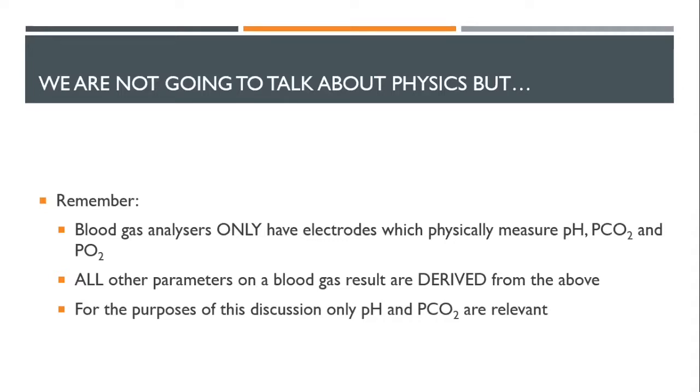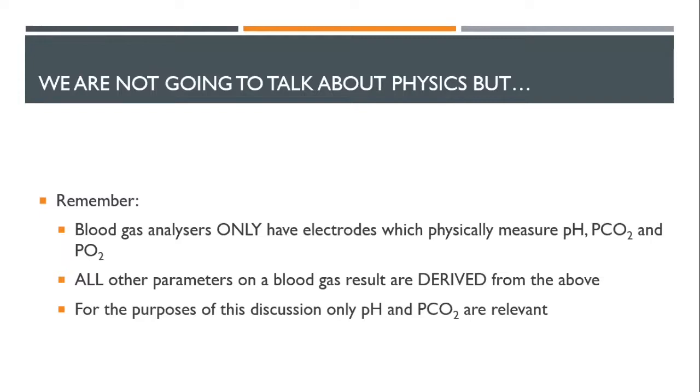So there are electrodes that measure lactate and your electrolytes and those sorts of things. But when it comes to blood gas interpretation, a blood gas analyzer only has electrodes which physically measure your pH, your PCO2, and your PO2. Every other parameter that's involved in the determination of acid-base status is derived from these parameters.